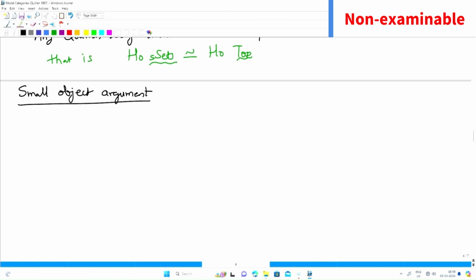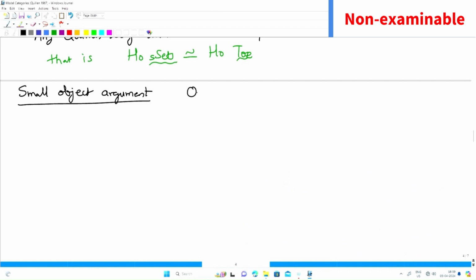So recall directed colimits. A directed set is a partially ordered set where any two elements have a common upper bound. If the shape of a colimit is a directed set, then you say it's a directed colimit. Now, ordinals are directed sets.